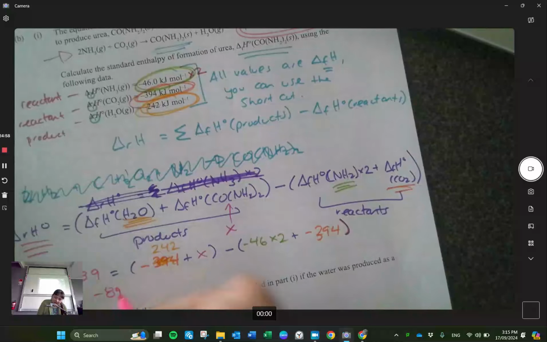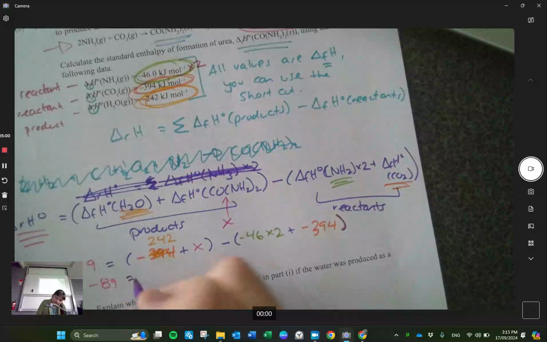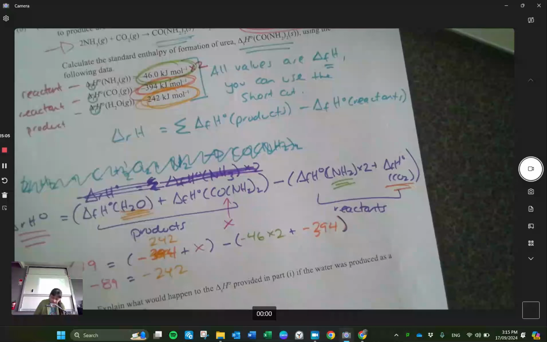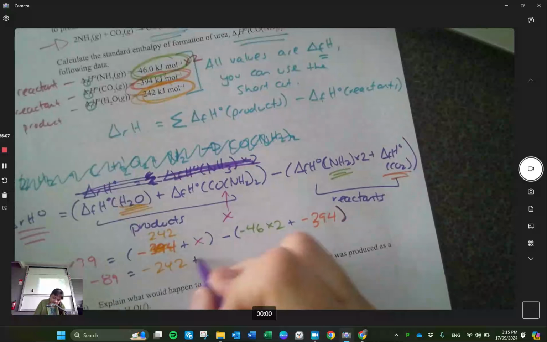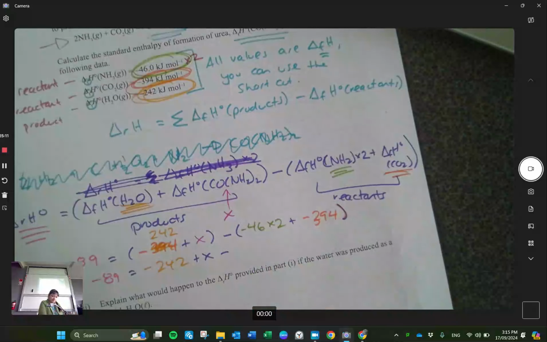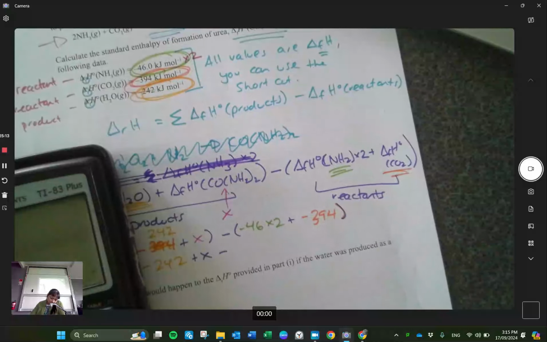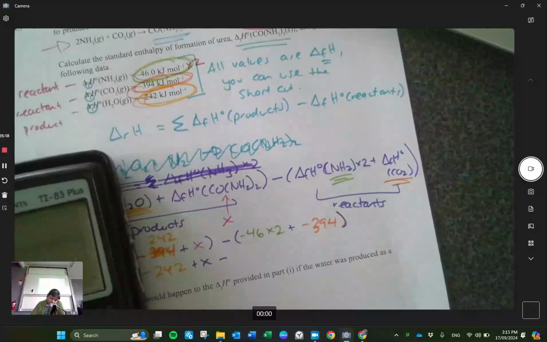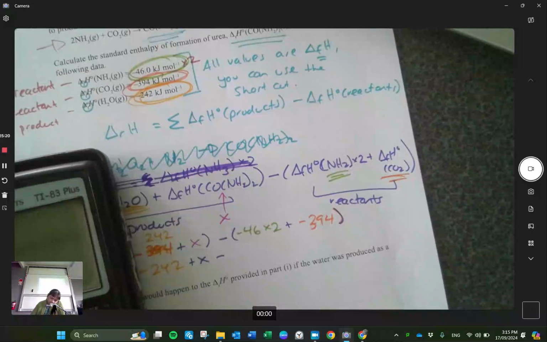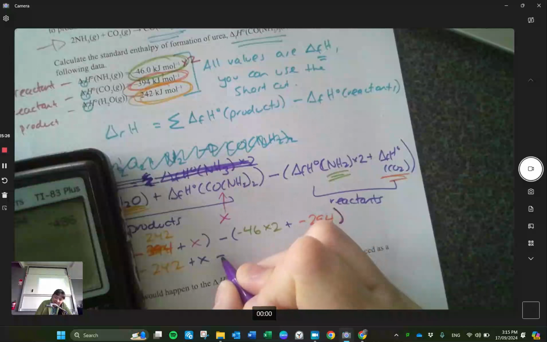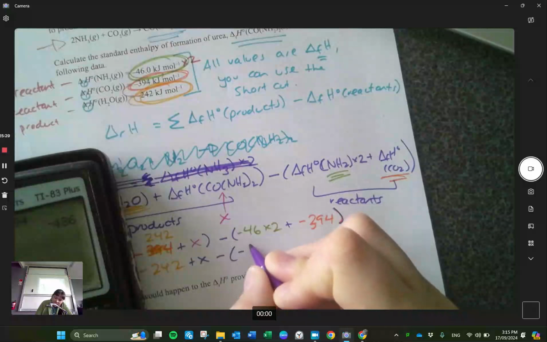I'll keep doing the math, but I think you guys got it, hopefully. But you can see how simple mistakes are going to add up.